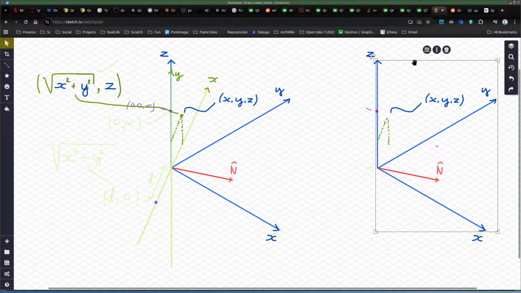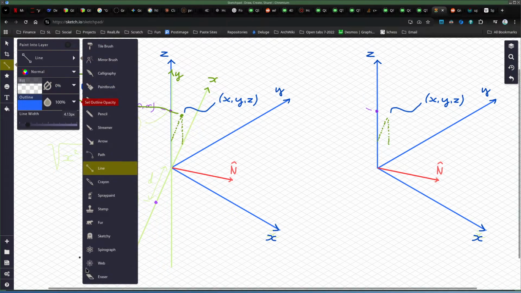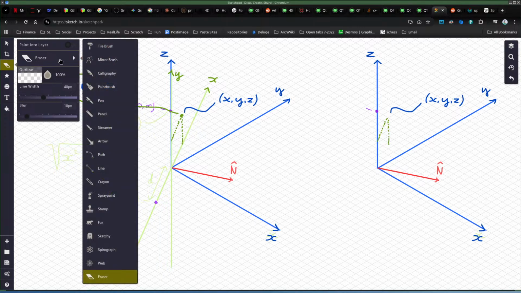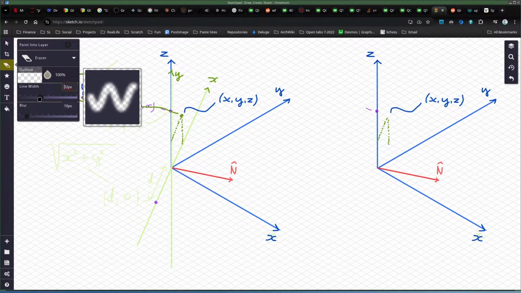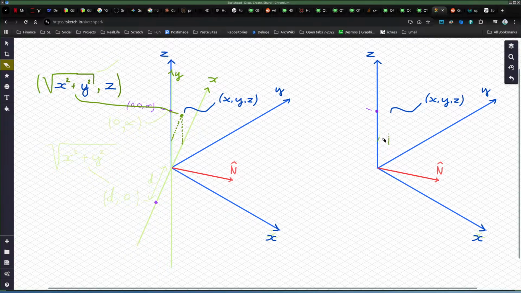And now unselect this. No, not possible. Not the same thing, but that seems to work.